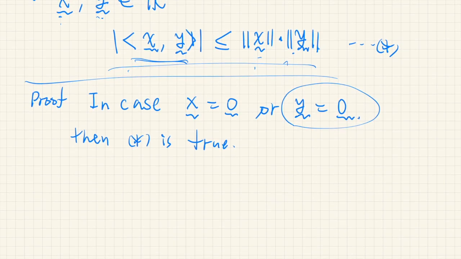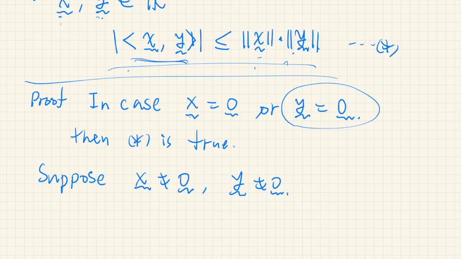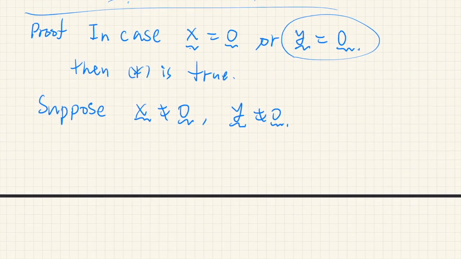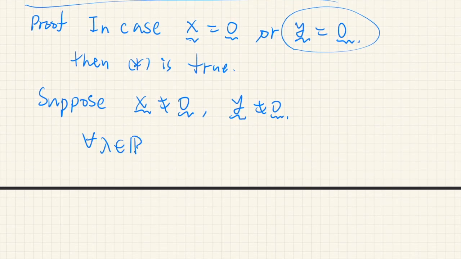So now, we can assume both of them are not 0. Suppose x is non-zero and y is non-zero. Then we have the following inequality. For any real number lambda, the norm squared of x plus lambda y is of course greater than or equal to 0, because the norm is always non-negative.